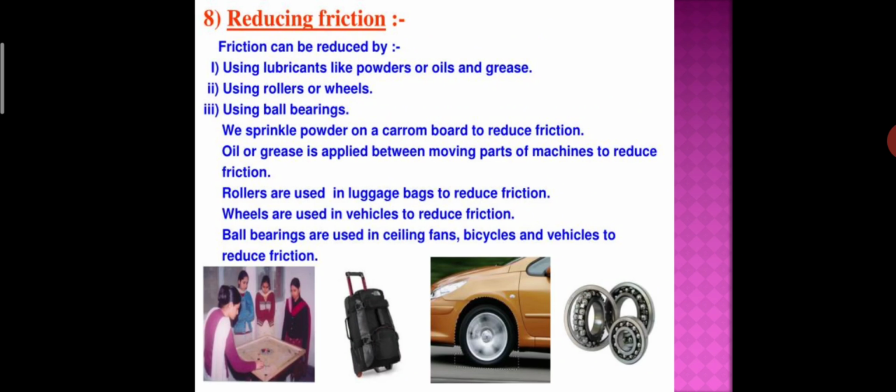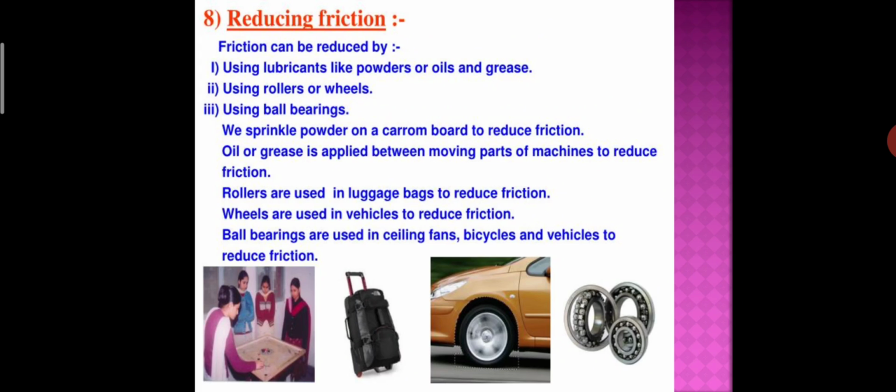How do we reduce friction? Friction can be reduced by, first, using lubricants like powders, oils or grease. Second, using rollers or wheels. Third, using ball bearings. We sprinkle powder on a carom board to reduce friction.